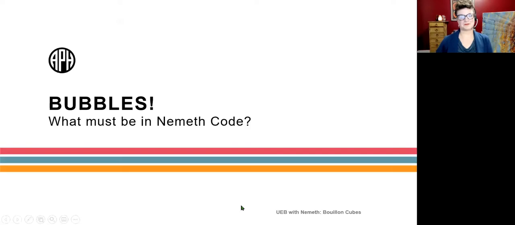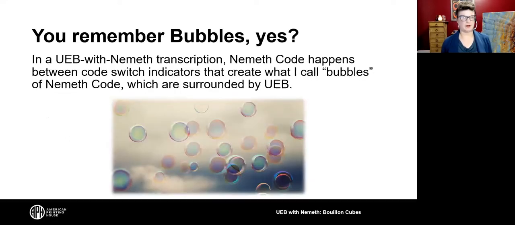Only they are slick. Okay, I've seen some conversation in the chat about Nemeth Code and what needs to be in Nemeth Code and where bubbles need to be and when we might not need them. You remember bubbles, right? These are bubbles. I just think of someone who's really bubbly, whose name maybe is Bubbles.